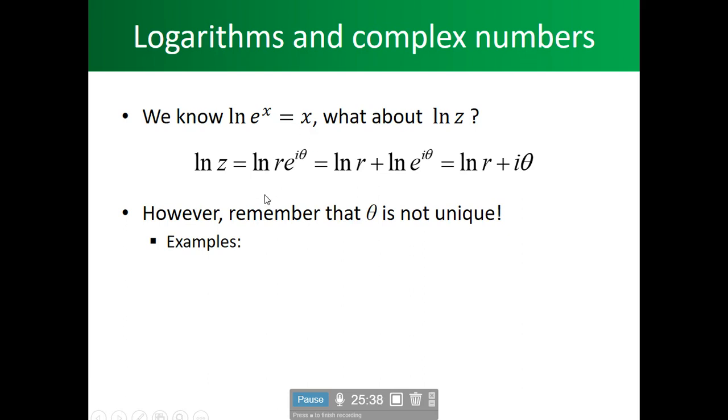You can break this up, so you can now put the natural log of r by itself and separate the e. And now you know, we already mentioned that up here, that the log of e to the x will give you x, so the natural log of e to the i theta is going to give us, guess what? i theta.